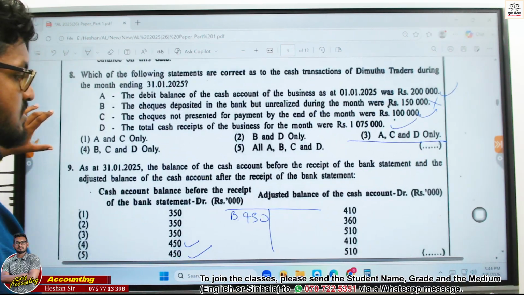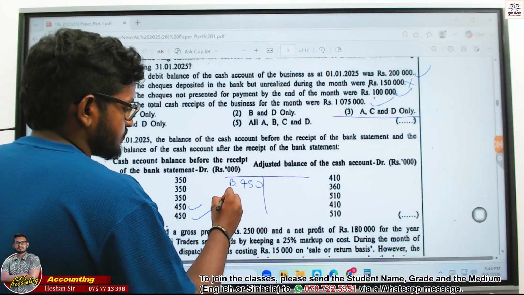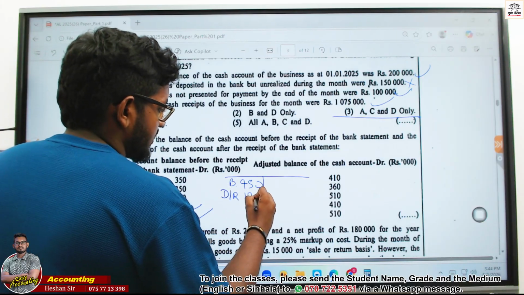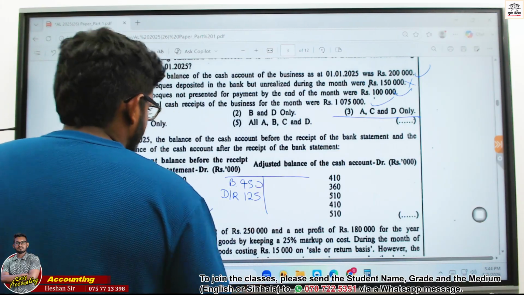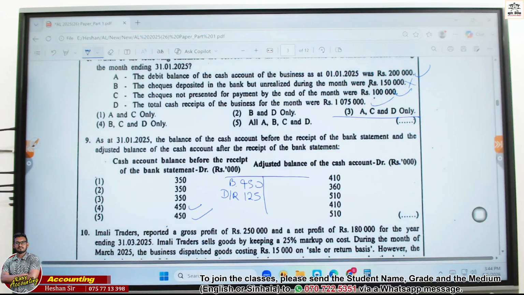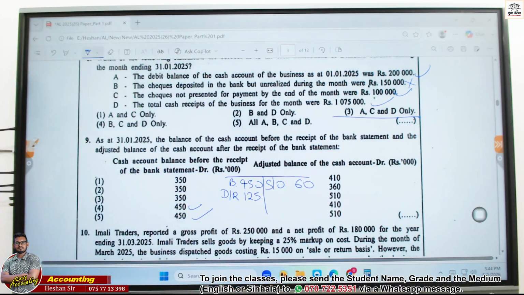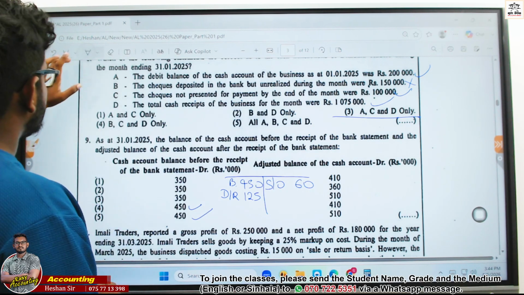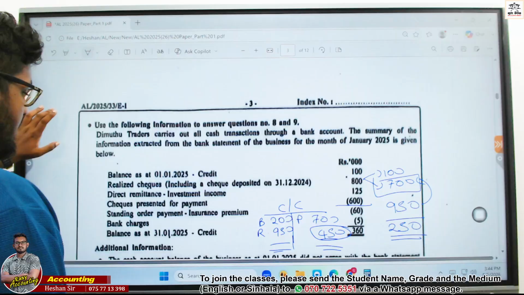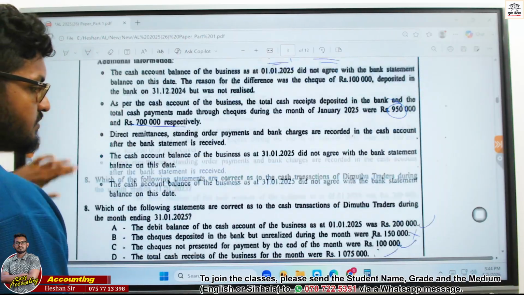Direct remittances 125, standing order 60. You can see it. And bank charges is given, right? Bank charges is how much? Bank charges is 5.